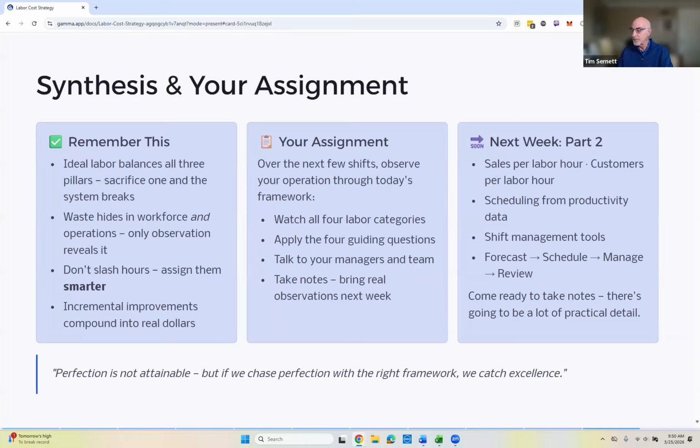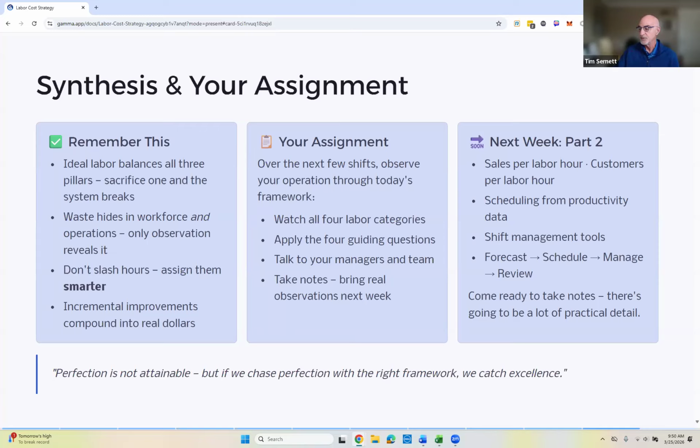Slow down, watch your operation through the lens we built today. Look at each of the 4 labor categories, use the guiding questions, talk to your managers and your team, take notes on what you see, and when we come back next week for the practical tools, KPIs, scheduling, shift management, you'll have real observations to work from, not just assumptions.